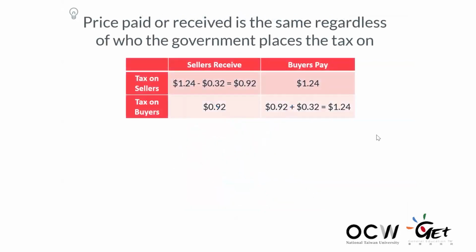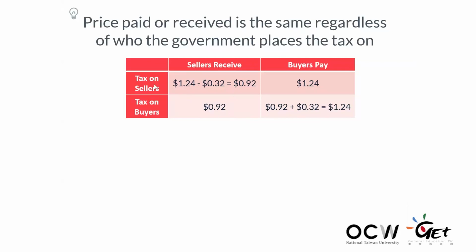So let's take a look. In the original equilibrium, it was 112. But when you tax the seller, the equilibrium price becomes 124. That's the PS. But if you minus the 32 cents, then the sellers only receive 92 cents. And 92 cents is exactly the equilibrium price when you tax the buyer. So regardless of whether you're taxing the buyer or the seller, the sellers are always going to receive only 92 cents.